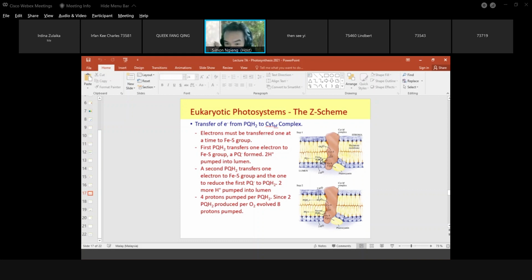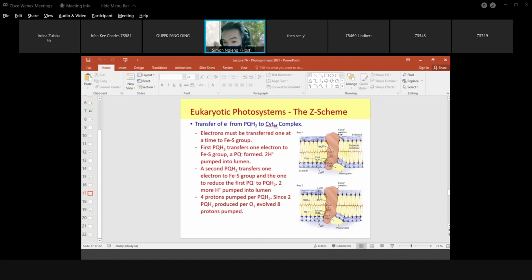Basically, this plastoquinol has 2 electrons, it won't donate both of the electrons to ferredoxin, no, to cytochrome F.